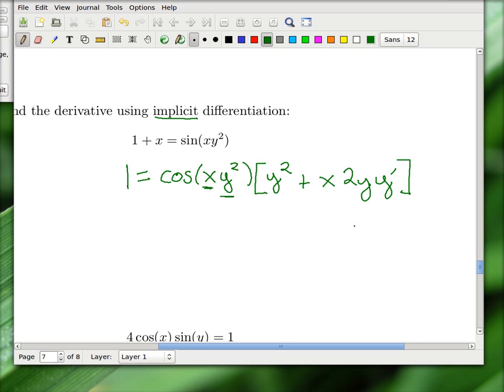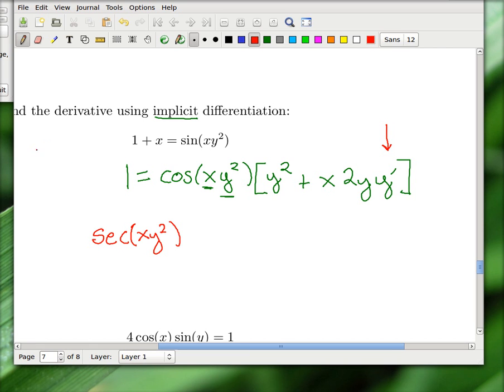Okay, very good. So now I have taken the derivative, and my job is to use algebra to solve for y prime. See, there he is. The first thing I'll do is divide both sides by cosine, and then this other side is going to become secant xy squared. That might be a little confusing.